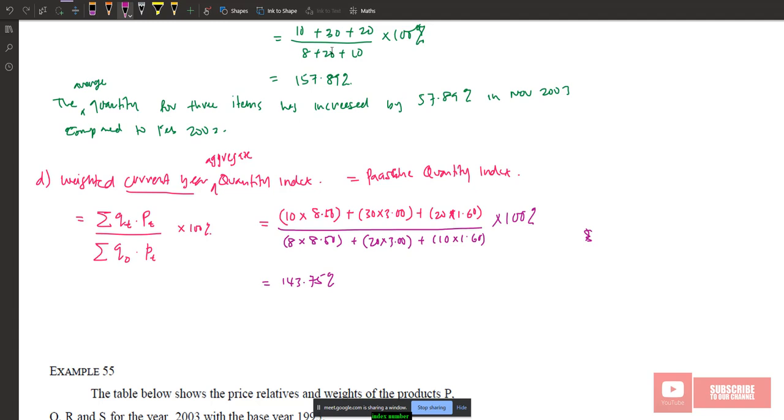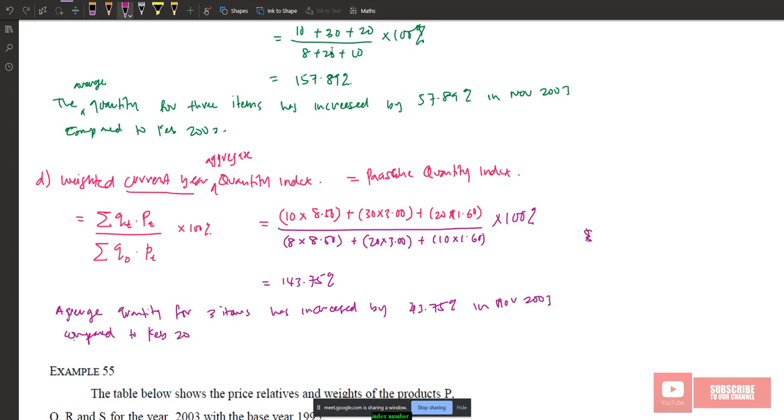143.75%, right? So the meaning is, since the value of index number is more than 100%, the average quantity for 3 items has increased by 43.75% in November 2003 compared to February 2002.